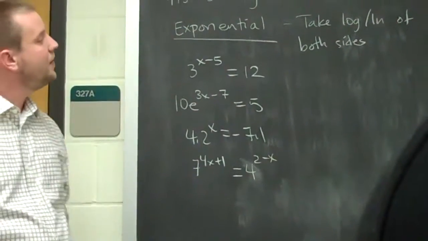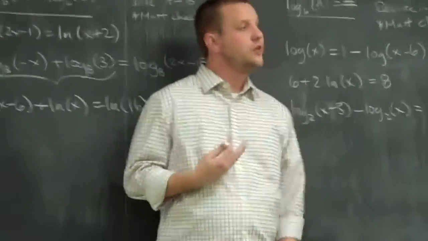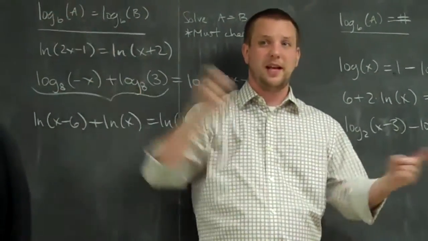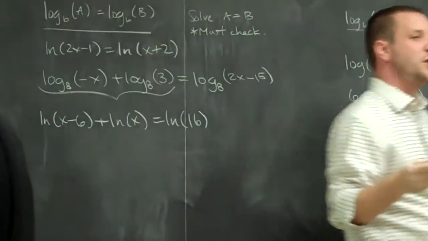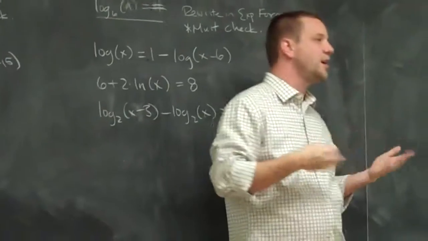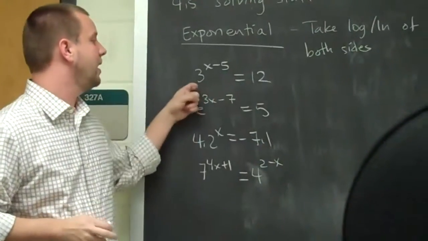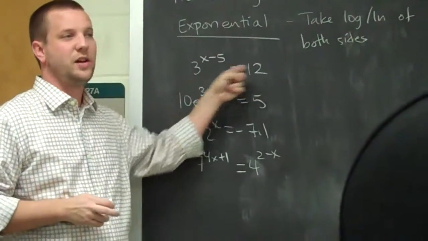It doesn't matter which one, although if you have a base e in there, I would strongly recommend using natural log because natural log cancels with base e. And if you have a base 10, I would use the common log because the common log cancels with the base 10. But in most cases, it won't matter whether I use common log or natural log.